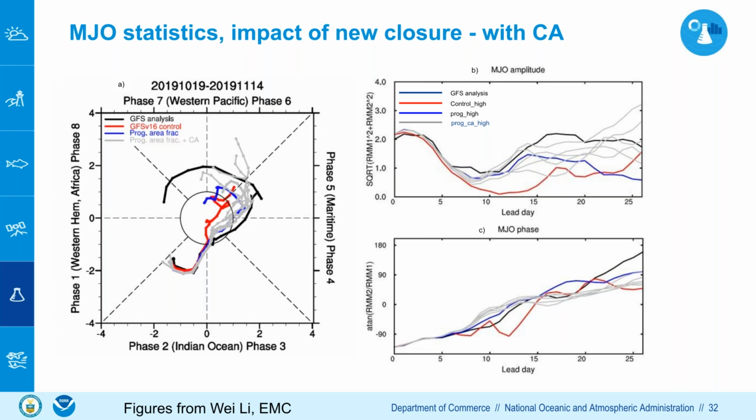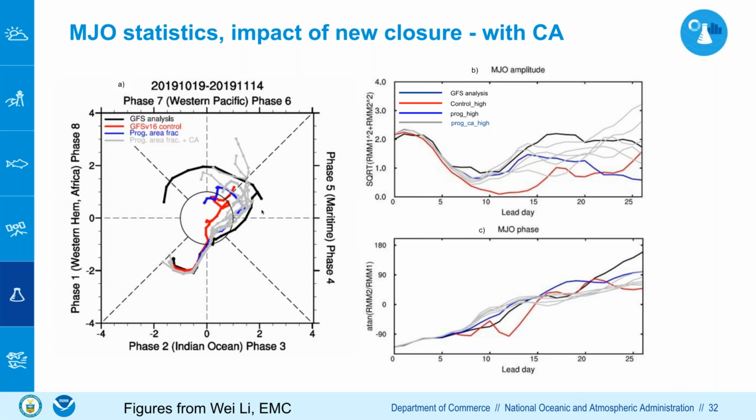And in general, some members are really good, some are a little bit slower, and some actually stagnate. I think that's probably this member that has a very large amplitude. But I think it provides a good amount of spread due to simple feedbacks in the convective parameterization.